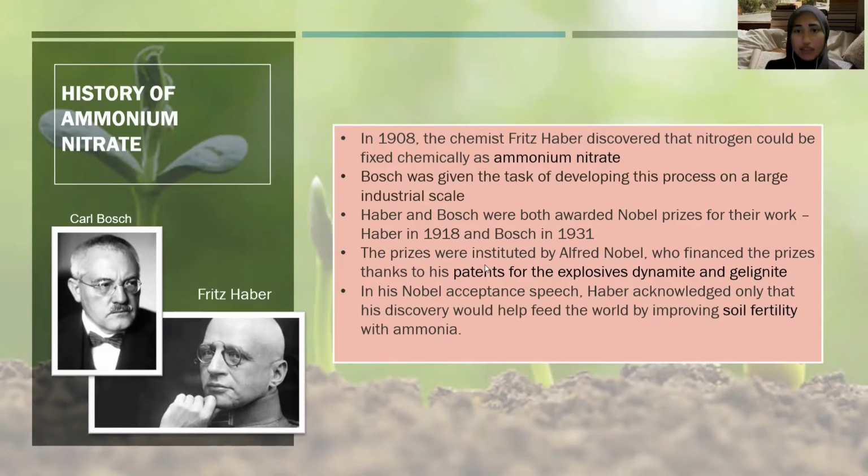The prize was instituted by Alfred Nobel, who financed the prizes thanks to his patents for the explosives dynamite and gelignite. In his Nobel acceptance speech, Haber acknowledged only that his discovery would help feed the world by improving soil fertility with ammonia. So I hope you enjoyed the history of ammonium nitrate.